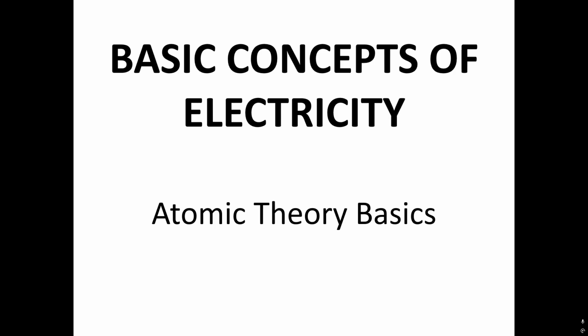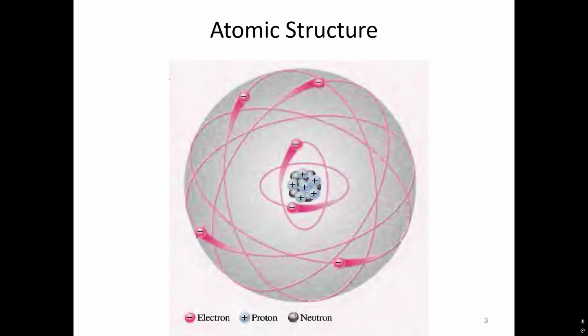Basic concepts of electricity, atomic theory basics. So this is atomic structure. Atom has got a nucleus which is at the center, and surrounding the nucleus we have circulating electrons in various orbits.